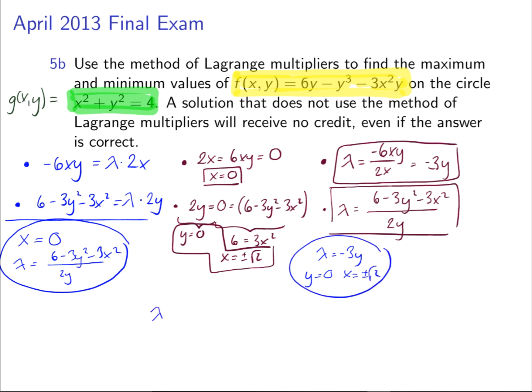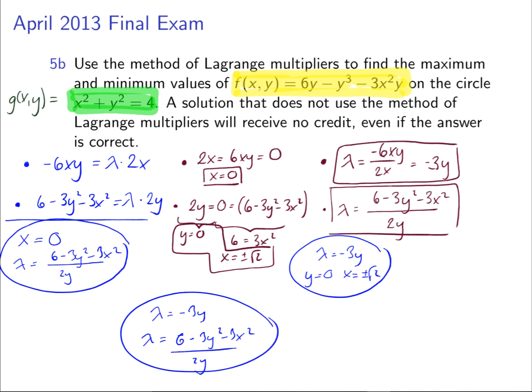Or it could be the case that lambda is equal to 6 minus 3y squared minus 3x squared over 2y. So here are my 3 remaining possibilities, again, because we can immediately rule out the possibility that these two things happen. They can't happen at the same time.